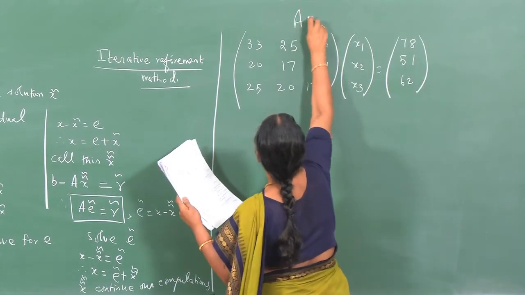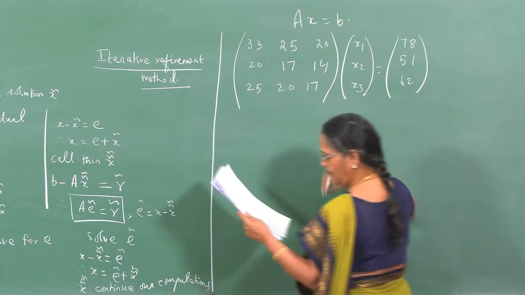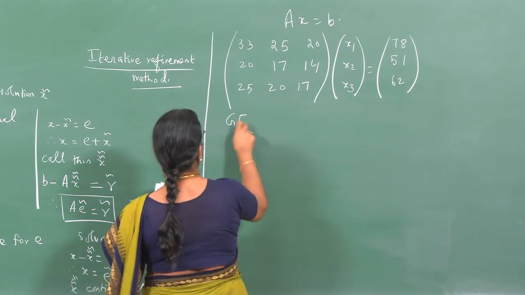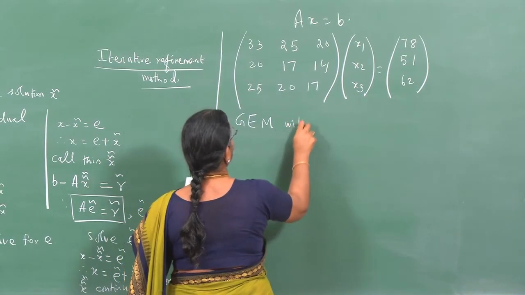So, I have a system Ax is equal to b. Say apply Gauss elimination method with partial pivoting.